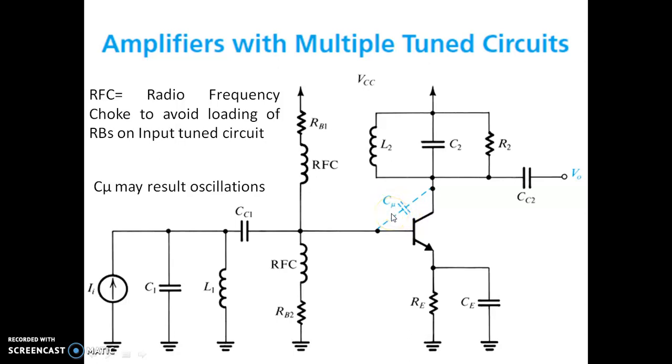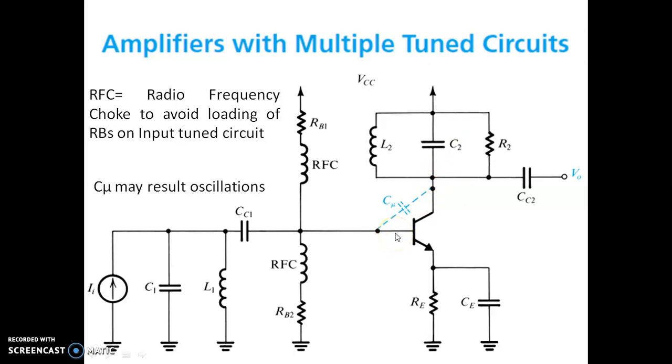Suppose for a particular frequency the loop gain happens to be equal to -1, which is the condition for oscillations, that is, it satisfies the Barkhausen criterion. This amplifier, instead of acting like a tuned amplifier, will start behaving like an oscillator, which is undesirable for any amplifier.